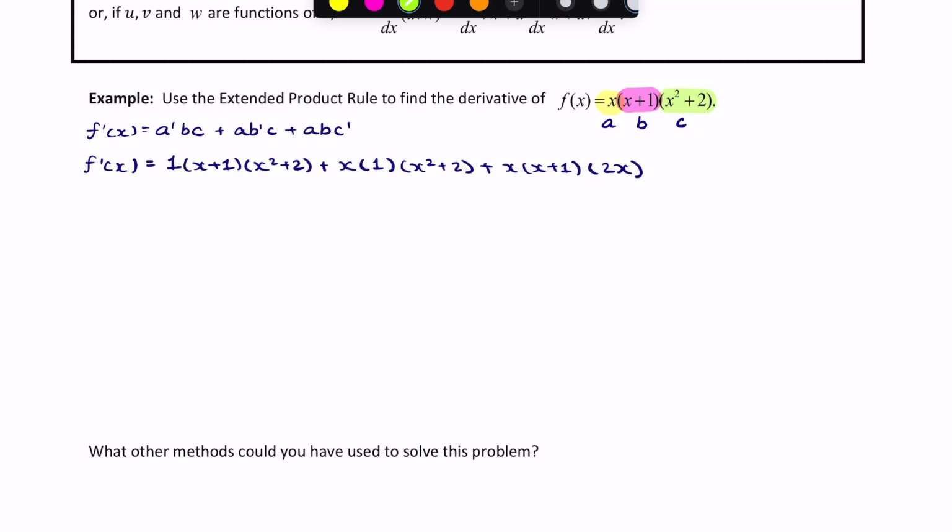So here again, we see that the ones highlighted are the derivatives of a, b, and c.